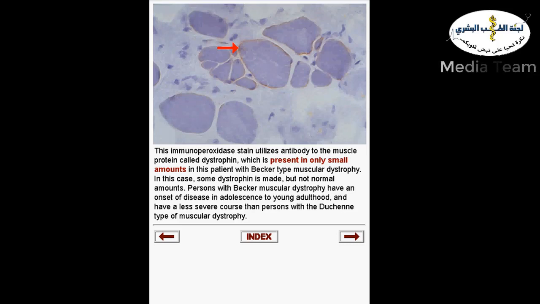Their disease does not start in childhood. They may present in adolescence, and they may have a long period of survival. They may live into adulthood. Unlike Duchenne, where they have more severe and earlier manifestation, because they have complete absence of the protein.